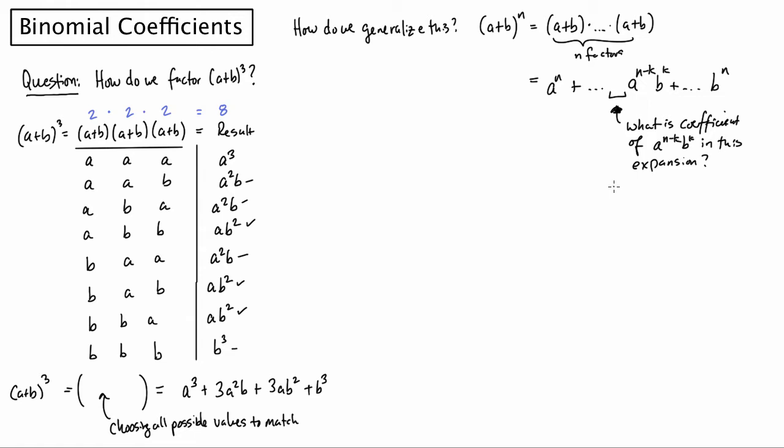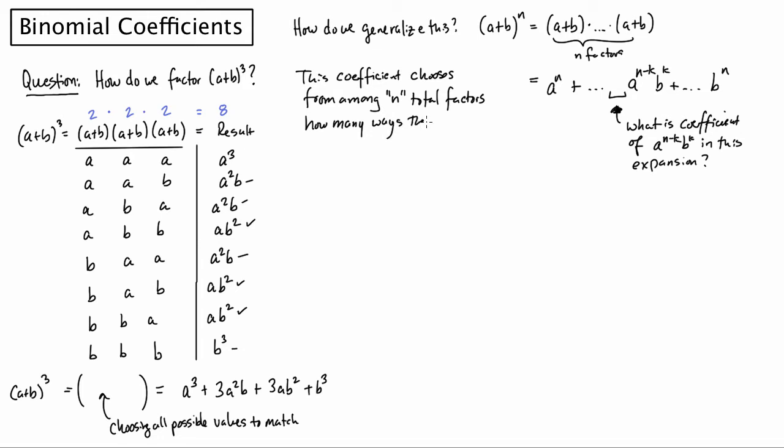So the coefficient here, whatever we're going to call it in a second, basically chooses, from among n factors, how many ways there are to choose the factor b k times.